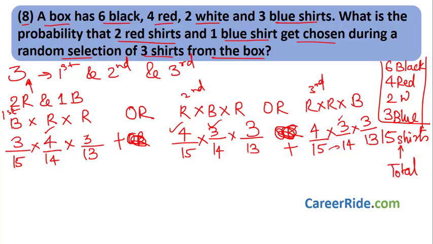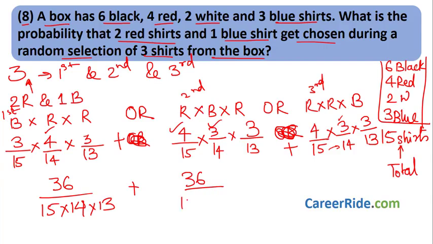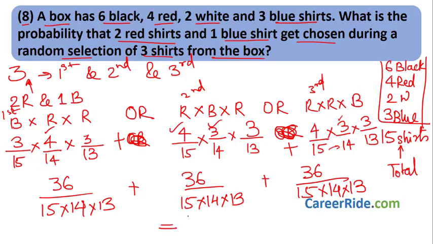If you see everywhere it is 3, 4, 4, 3, that is 4, 3, 3, 4, 3, 3, 4 3s are 12, 12 3s are 36 divided by 15 into 14 into 13, plus you will get the same over here, 36 divided by 15 into 14 into 13. On solving this, you can simply write 3 into 36 upon 15 into 14 into 13, right?